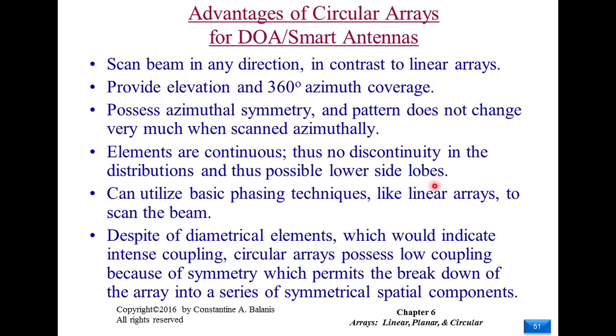This will reduce the side lobes. It can also utilize basic phasing techniques, like phase difference from one element to the other, and something related to reduced coupling effect. By the end of this part of the lecture, we'll talk about the coupling effect, or the mutual impedance effect.